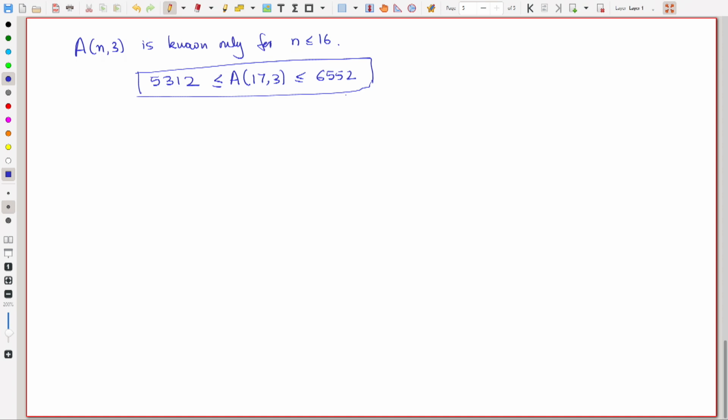But 6552, that one is harder to win. So, okay, this is an open problem, and we do not know, if your packets are 17 bits, how much you can send for correcting one error.